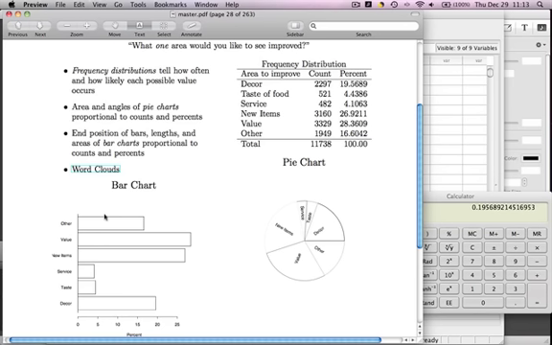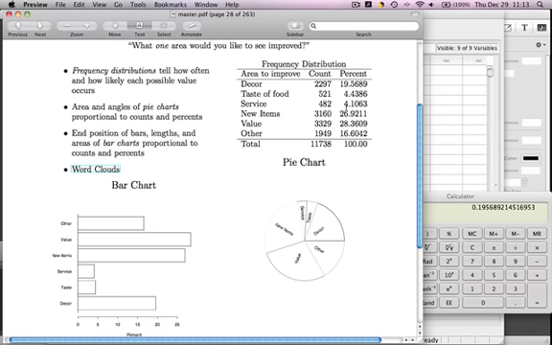So the purpose of a graphical display is to help us visualize the data and make sense of it in a way that the numbers in a table really can't do. So we're going to encode the numbers in the table using graphical devices. So bar charts use 3 different graphical devices to show us these values, the counts or percents.